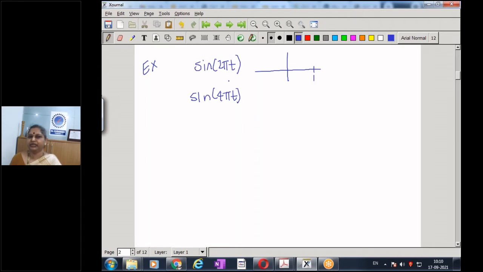What is the time period? 1. Very good, it is 1. And similarly, what is the time period of the signal sine 4 pi t? Very good, 0.5. So this has a time period of 1, whereas this has a time period of half.